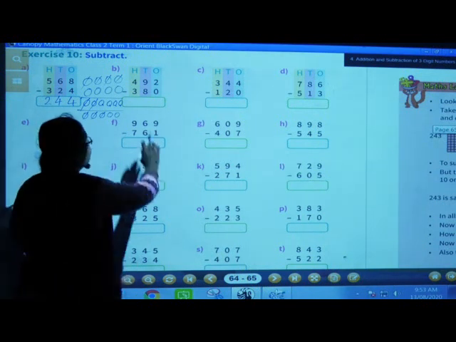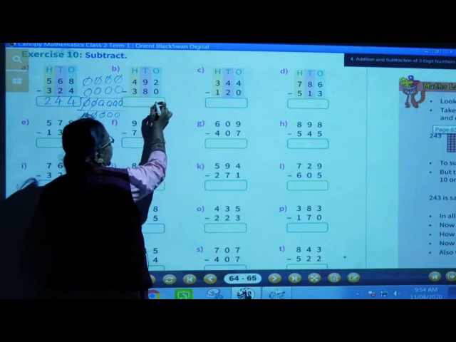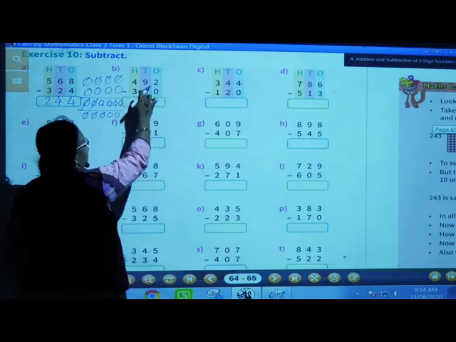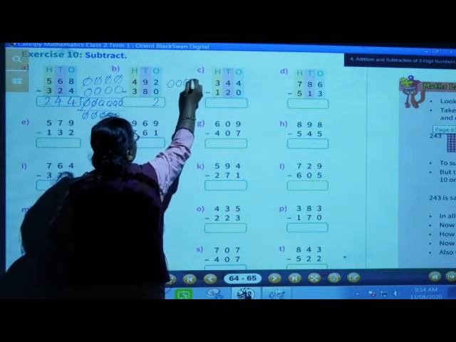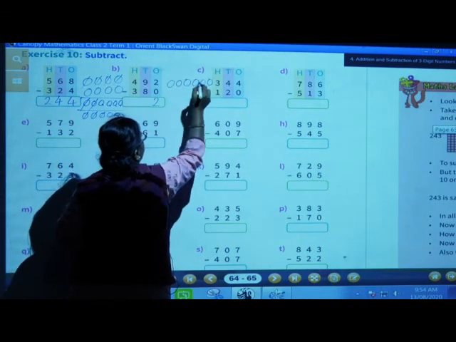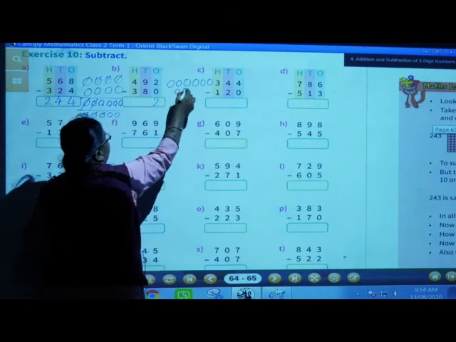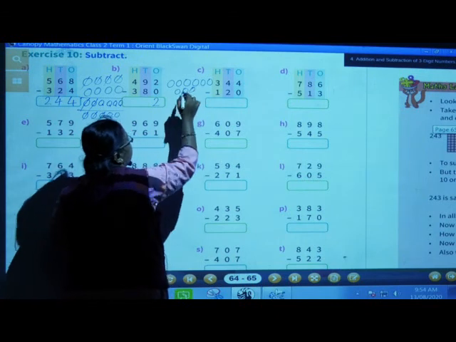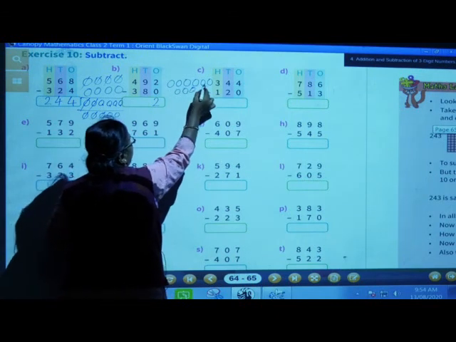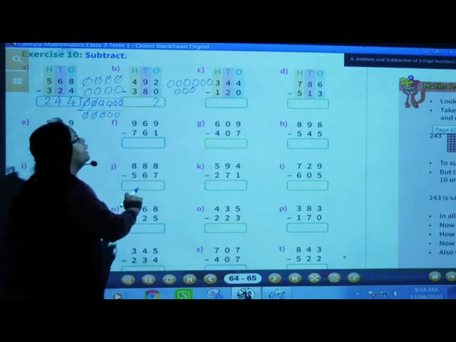Now 2 minus 0 is 2. Then 9 minus 8. 1, 2, 3, 4, 5, 6, 7, 8, 9. 9 are there.